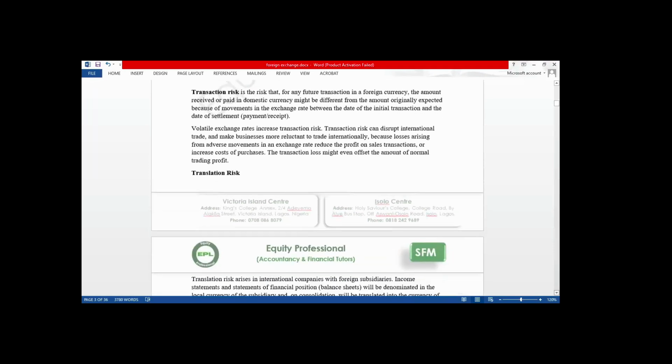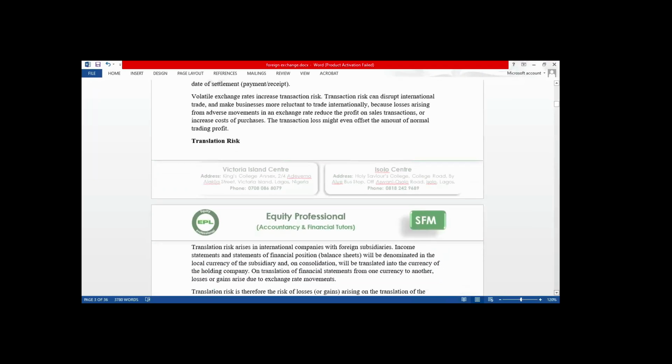Translation risk or translation exposure. This risk arises in multinational companies, from multinational companies with foreign subsidiaries.